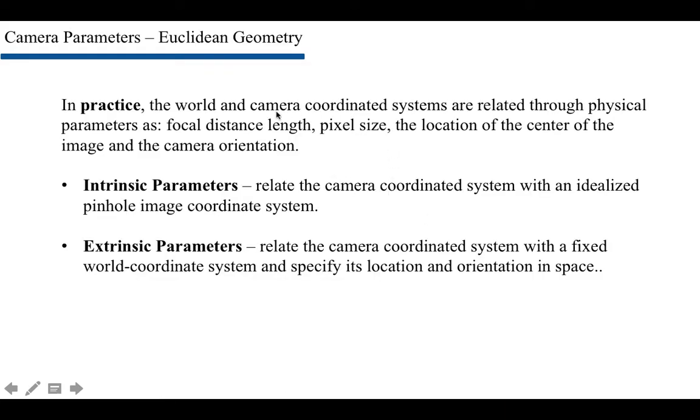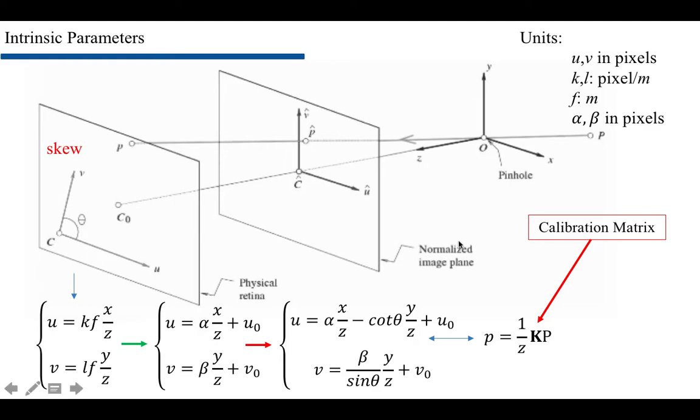So let's talk about these camera parameters in the Euclidean geometry. In practice, the world and camera coordinate systems are related through physical parameters such as focal length, pixel size, the location of the center of the image, and the camera orientation. If you remember, this is valid only when both the point and the projected point are described using a common reference system. This is a camera reference system.